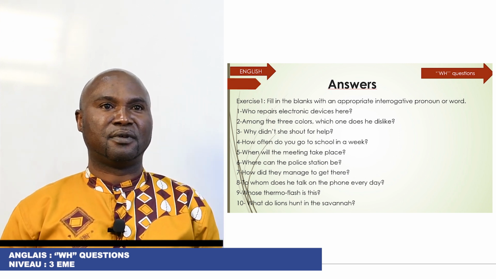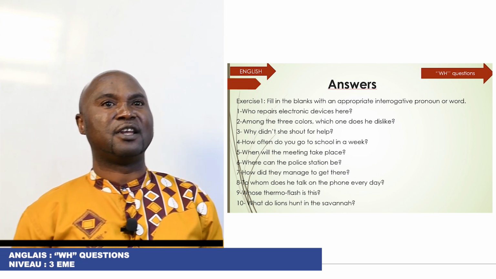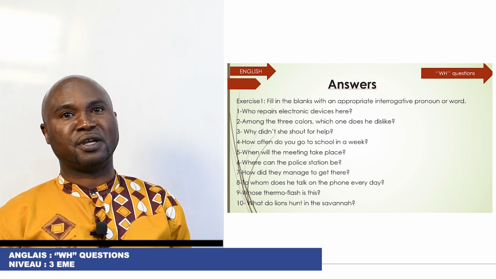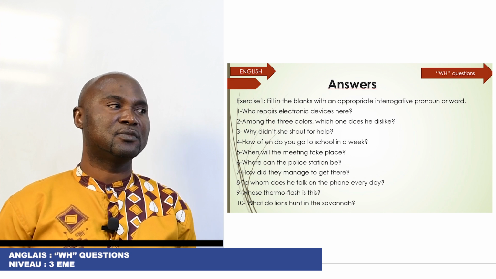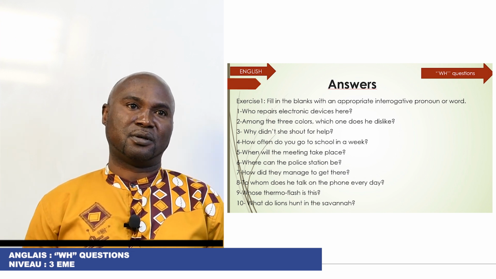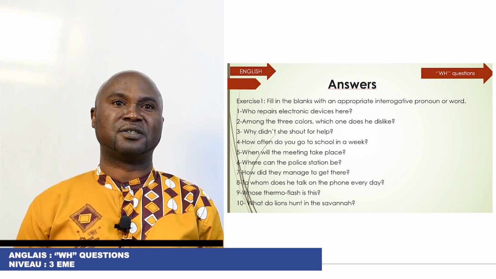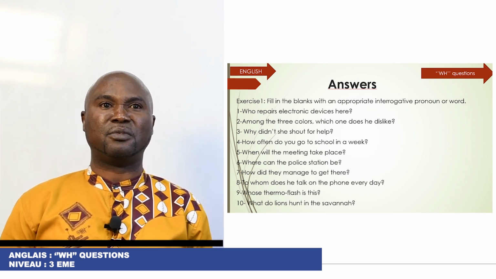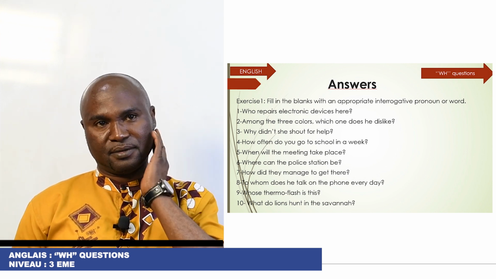And then we have some answers. Fill in the blanks with an appropriate interrogative pronoun or word. Answer 1. Who repairs electronic devices here? Among the three colors, which one does he like?